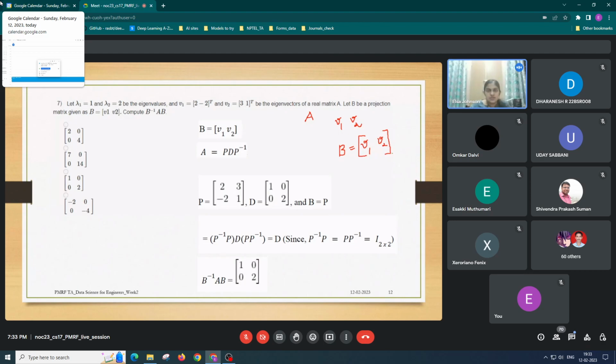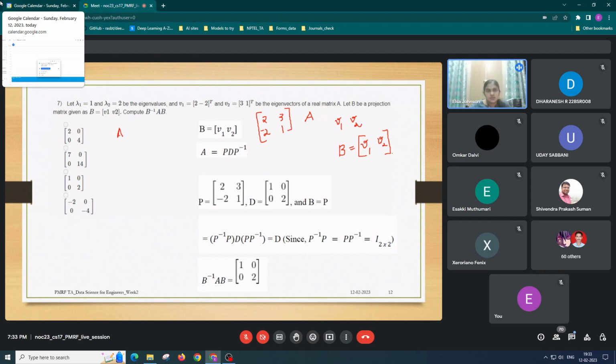Here v1 is (2, -2) and v2 is (3, 1). So this is the matrix B. Now the question is to compute B inverse A B. That is what we have to find here.